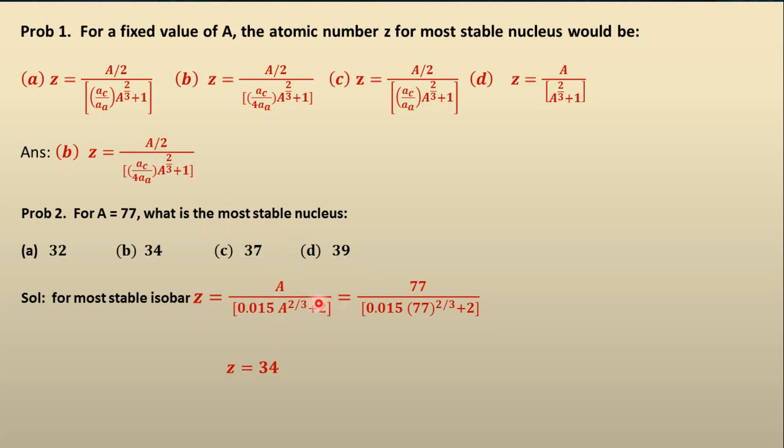Otherwise, if you have the values of AC and AA in the question, you can use the other formula also. To use this formula, put the value of A, that is 77, and just solve. So your Z will be 34. So your option B is the correct option.